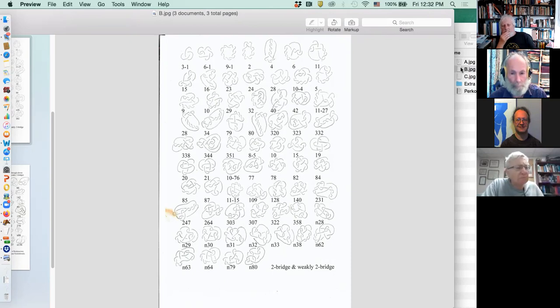So all of these knots on the bottom of the page, which correspond to weakly 2-bridge knots, because their covering spaces are not Z2 homology spheres, can all be lifted to these 4-fold simple covering spaces, where you've got 4 different copies of the 3-sphere joined together, just joined by a transposition on each.